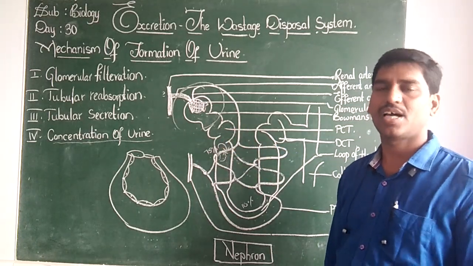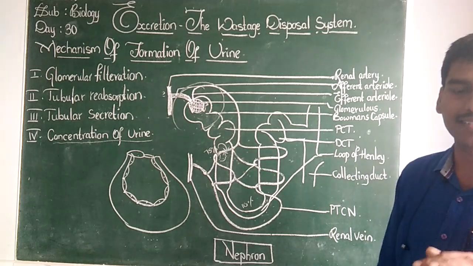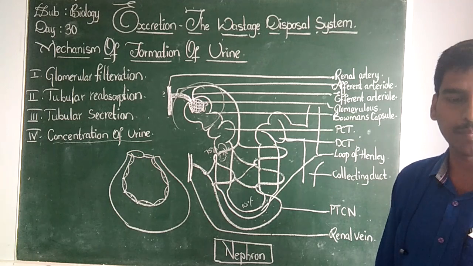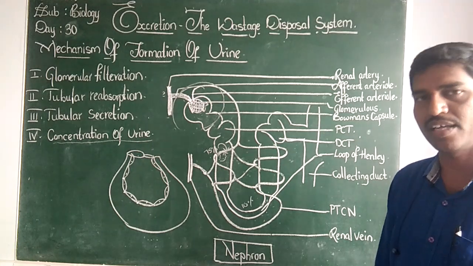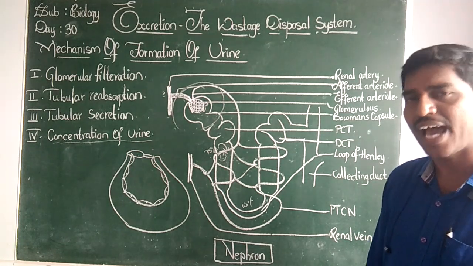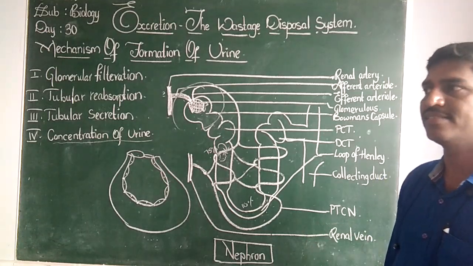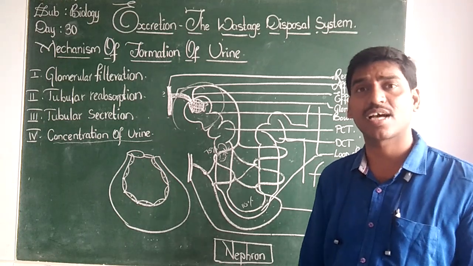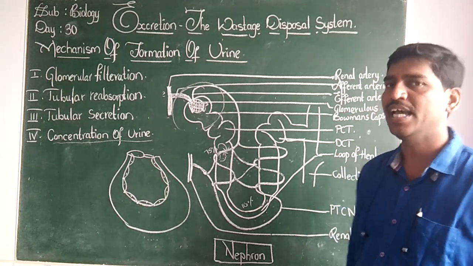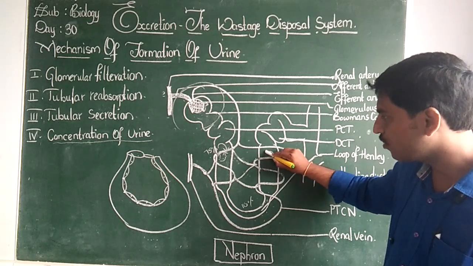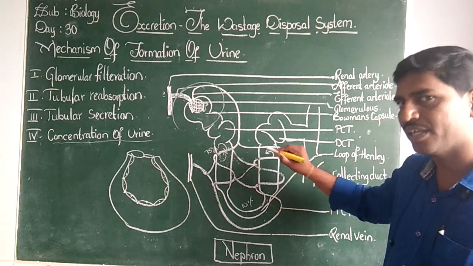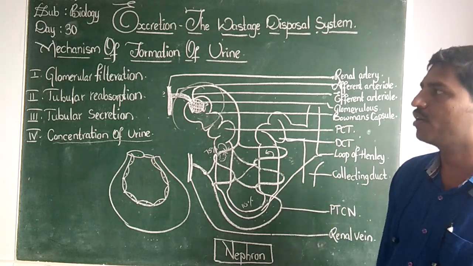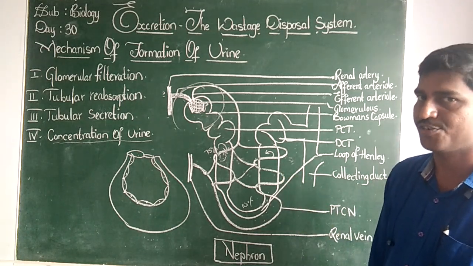Now if our blood still finds any excess waste products, that may be urea, creatine, creatinine, or certain salts of potassium, sodium, calcium, in the form of sulfates, carbonates or bicarbonates, any excess things move from the blood capillary into the distal convoluted tubule. This we call tubular secretion.